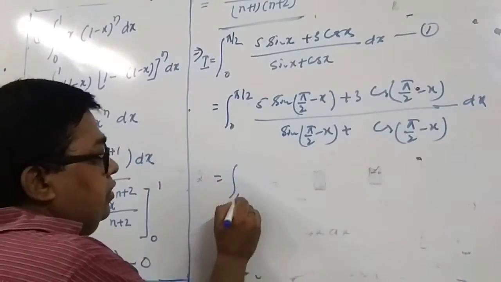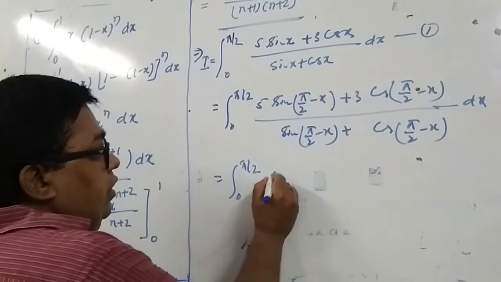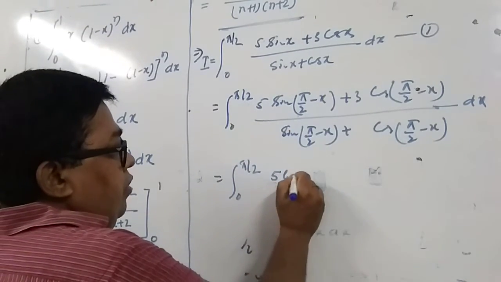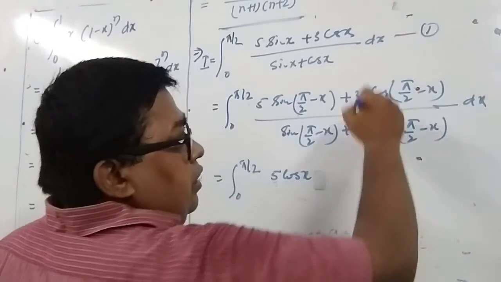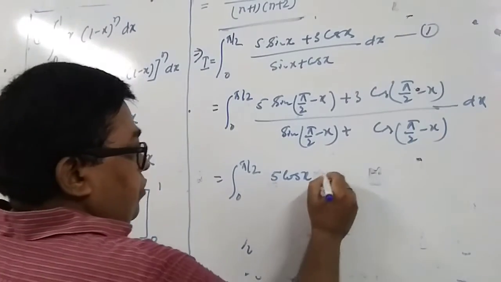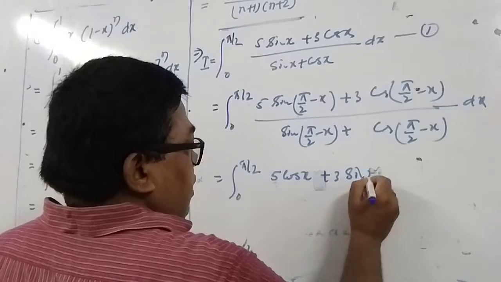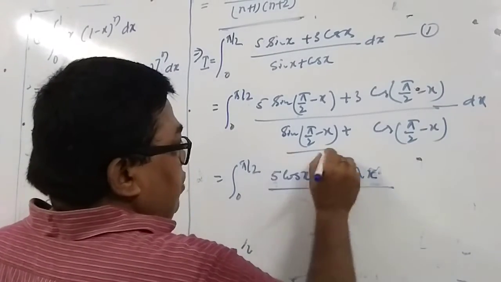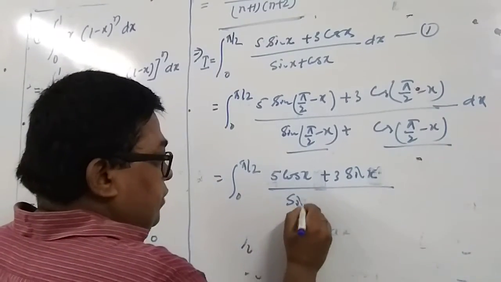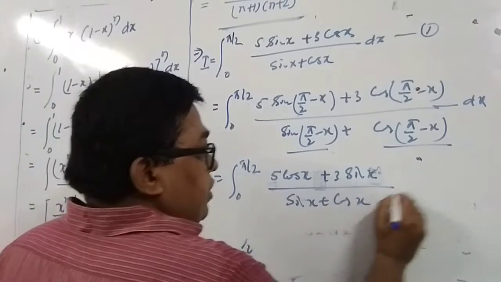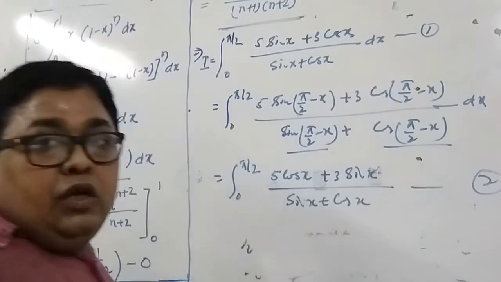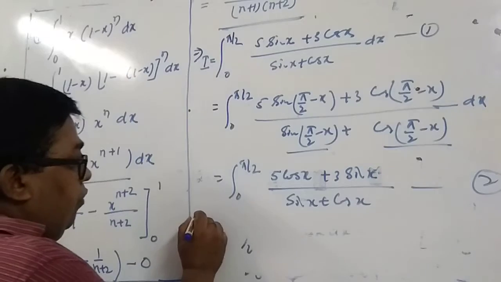More simplification: from 0 to pi by 2, sin becomes cos and cos becomes sin, so 5 cos x plus 3 sin x, and the denominator is cos x plus sin x. You consider this as equation number 2.